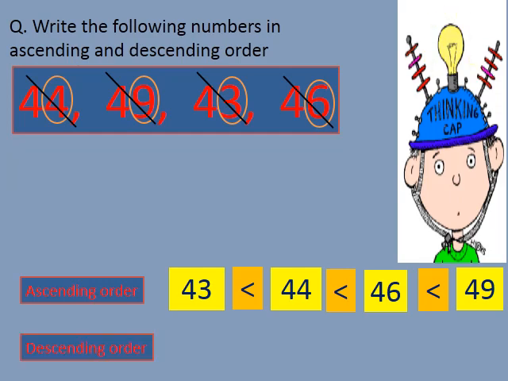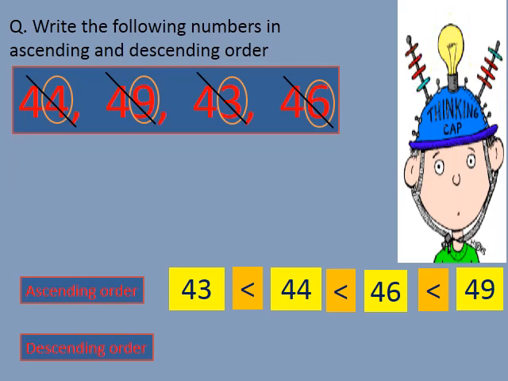Now we will write it in the descending order. Let's revise. Descending order means the decreasing order, that is from the biggest number to the smallest number. Now out of these numbers, which is the biggest number?